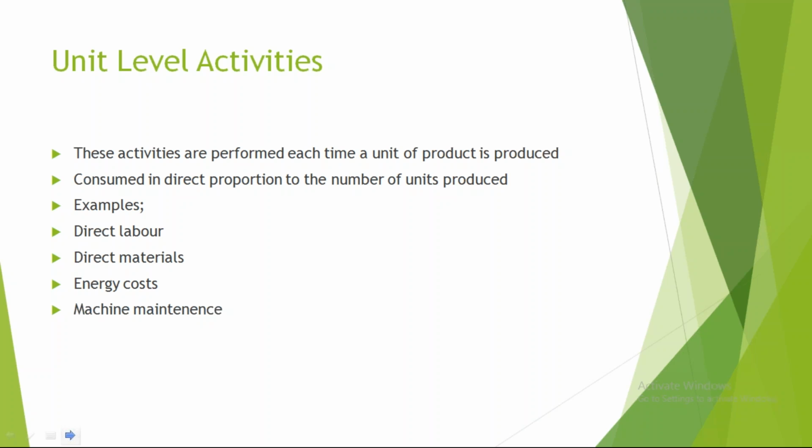Sometimes the energy cost: every time you produce a particular unit, you need to consume two kilowatts of electricity or whatever. So you have to find out the activities that are performed each time a unit is produced. Operation, surgery: each time a surgery is performed, certain activities need to be done, and those are what we call unit level activity.